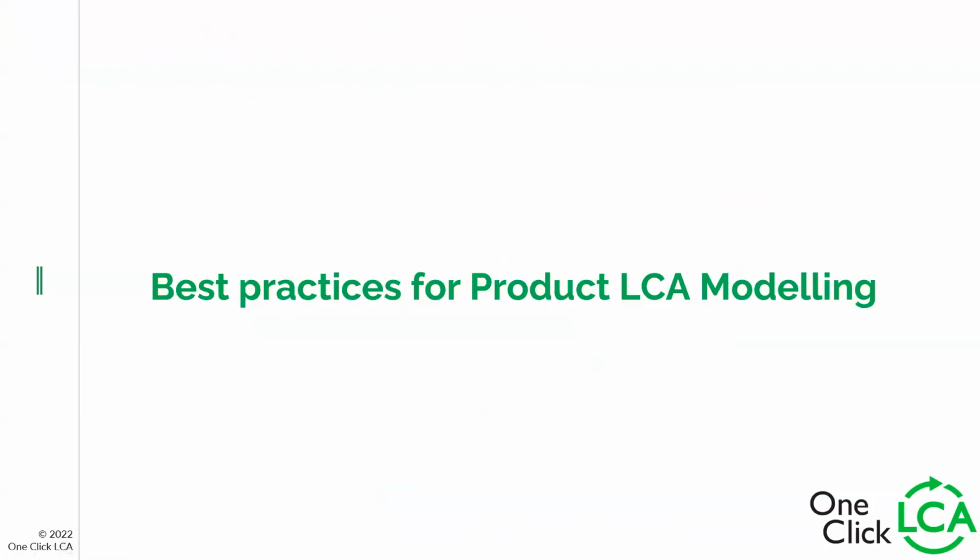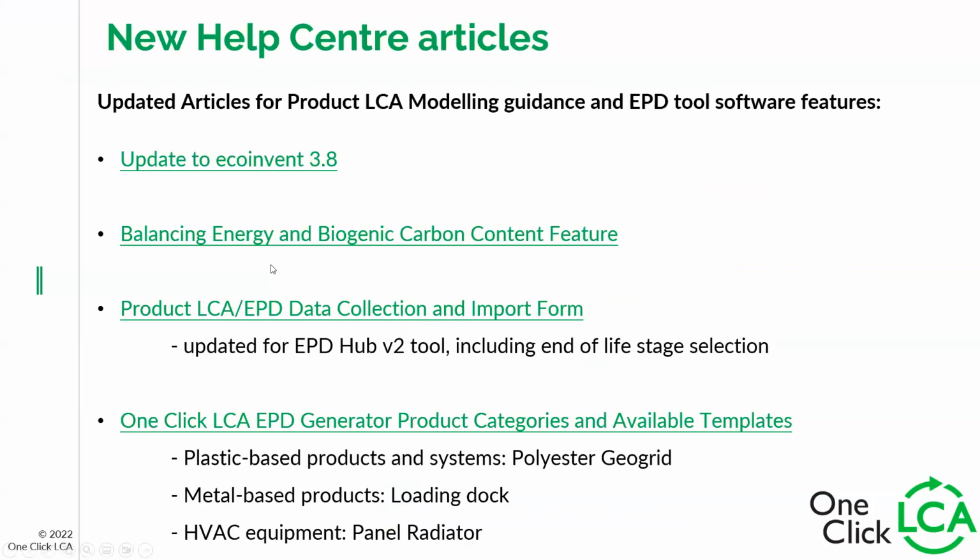All right, next topic then, best practices for product LCA modeling. Some Help Center articles that are new or have already been updated are shown here. So, update to Ecoinvent 3.8. An email went out about this topic actually today, not too long before this webinar started.